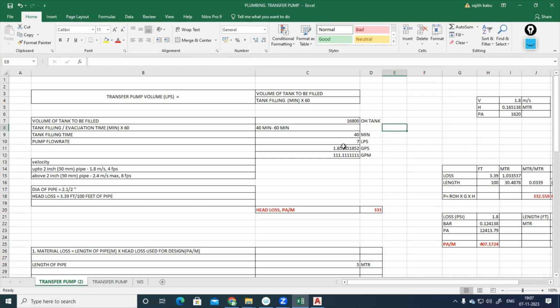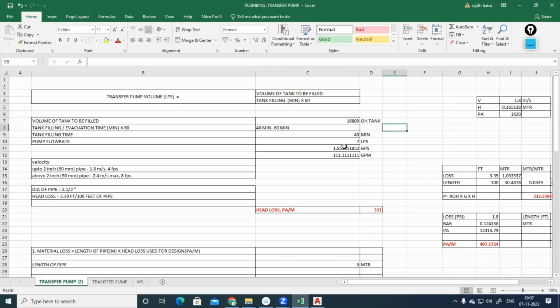Within how much time will they be consuming that 60 liter? People might be waking up at 7 a.m. and going to office, let's say 8 a.m. Between that 1 hour, that 60 minutes, each person will be consuming nearly 60 liter of water. So if people are consuming 60 liter of water within 1 hour, the transfer pump should fill the same 60 liter in less time.